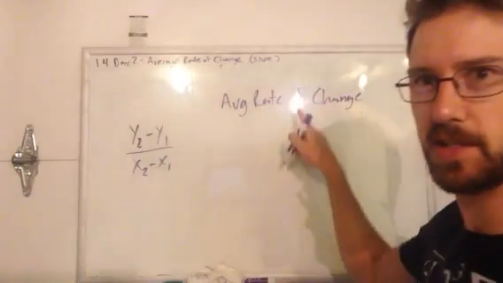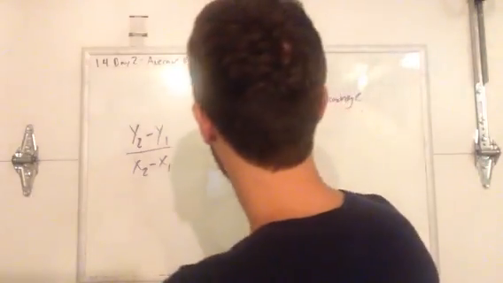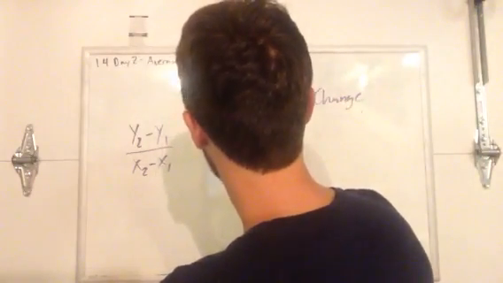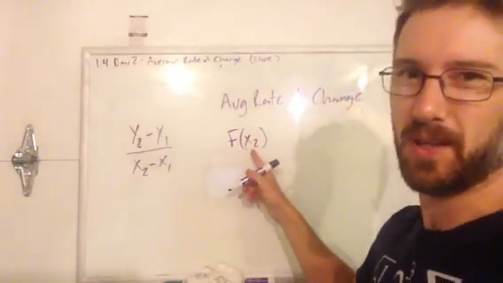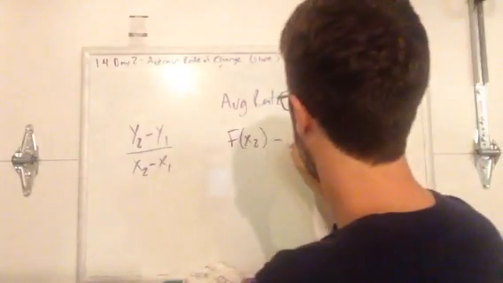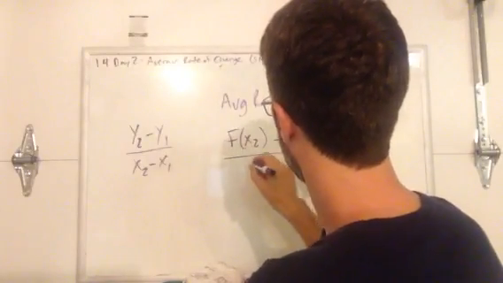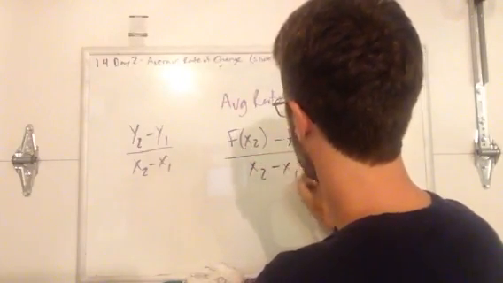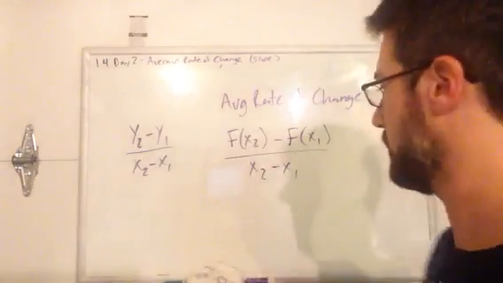It's kind of hard to see. That's an f right there underneath that reflection. Instead of y2, we're going to say f of x2, meaning when we plug in x2, that's really the y value that comes out, minus f of x1, all over x2 minus x1. And you can see it's the exact same thing, just in function notation instead.